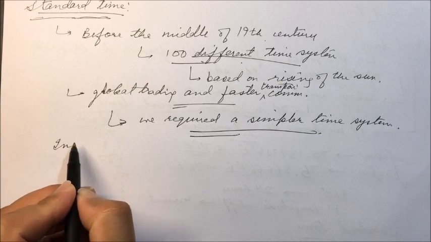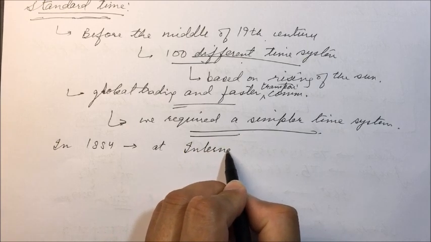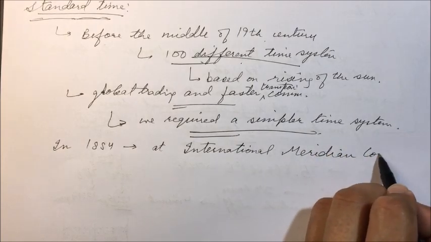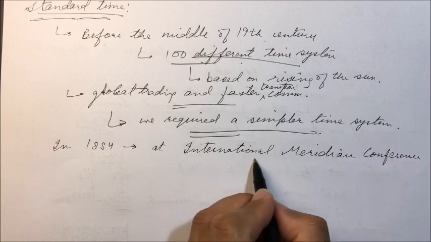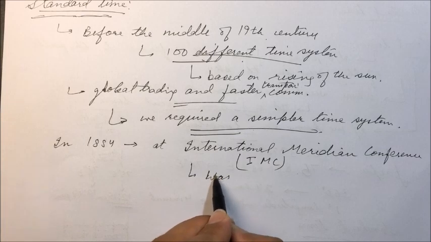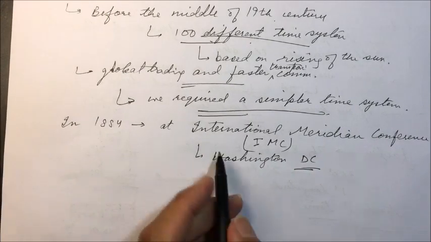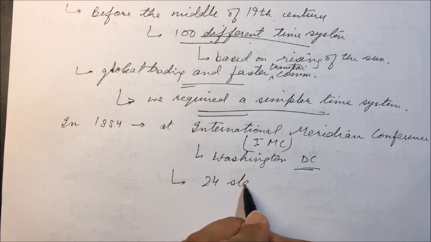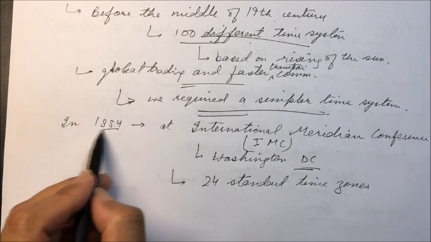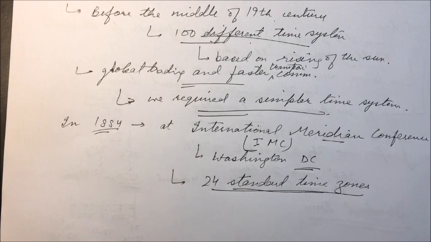So in 1884, at the International Meridian Conference, that is IMC, held at Washington DC, the world was divided into 24 standard time zones.